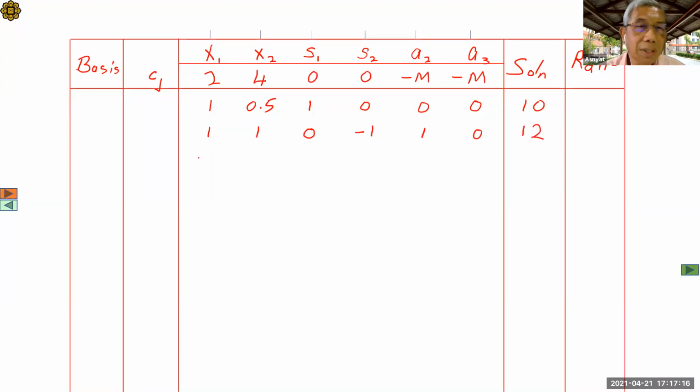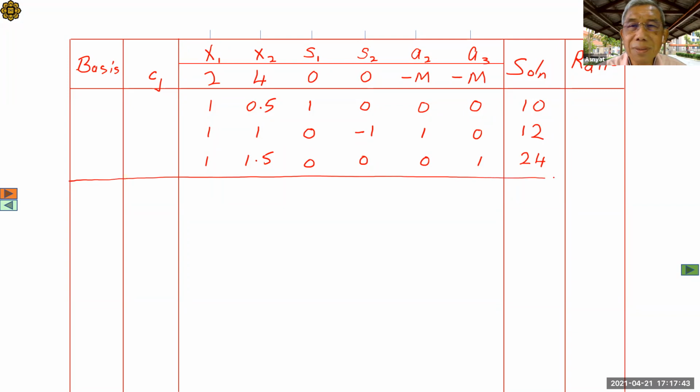And the last one, 1, 1.5, 0, 0, 0, 1, 24. Okay. Let's draw a line. Who can draw a straight line? Wow. Freehand.